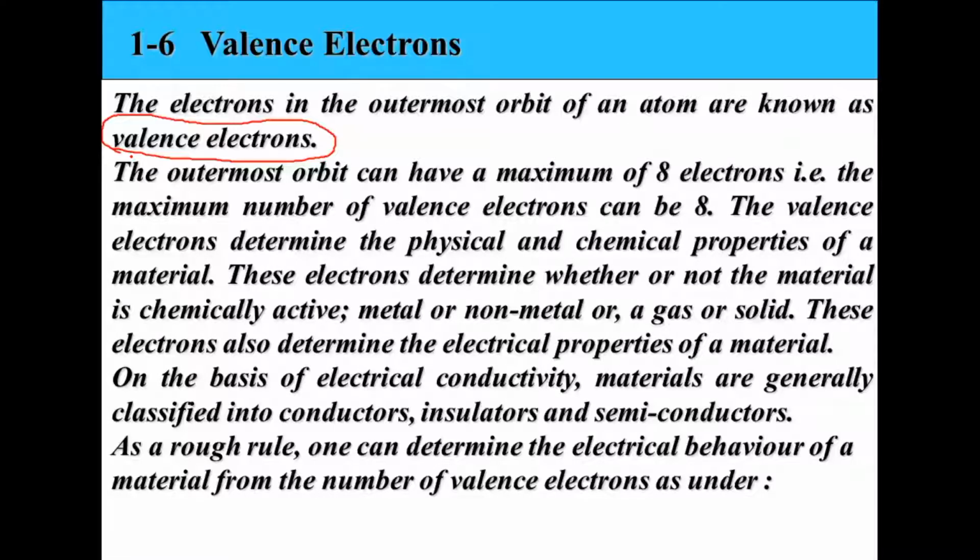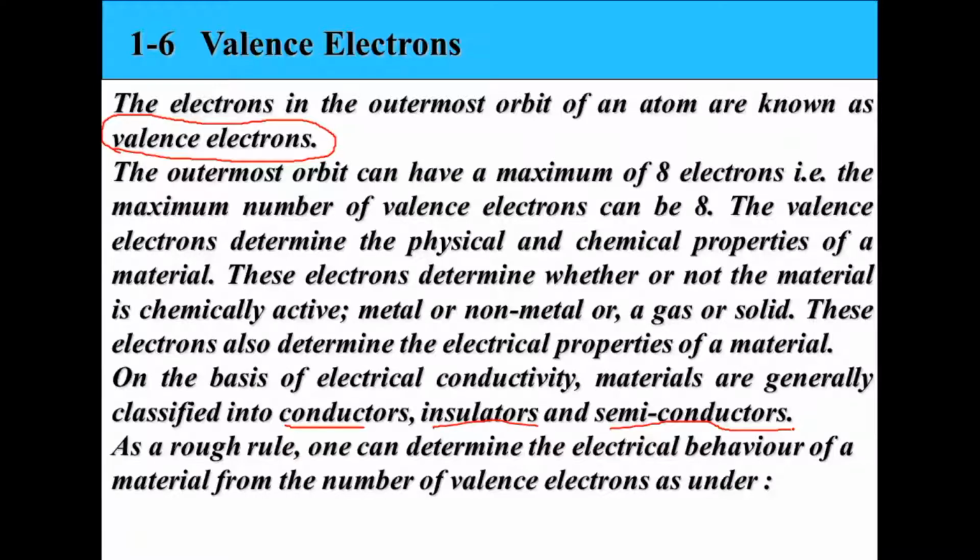Now, on the basis of electrical conductivity, from our previous physics and integrated science, we know that materials are generally classified into three. That is conductors, insulators, and semiconductors. From our secondary school physics, we know that conductors are materials that allow the passage of electric current through them.